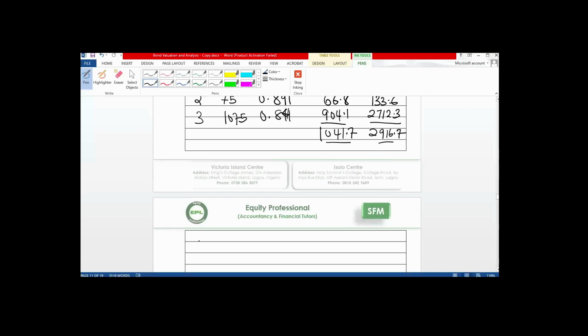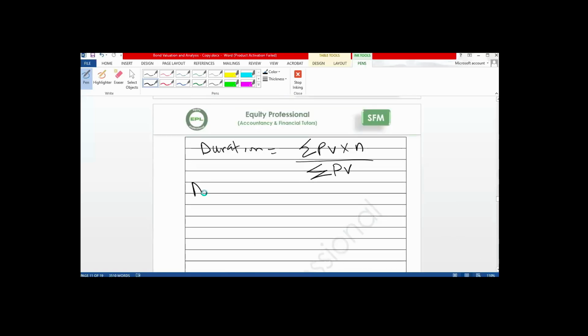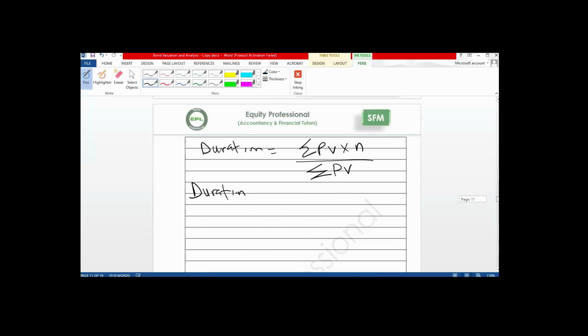Then the last step, your duration is calculated as the summation of present value multiplied by n, divided by the summation of the present value. That is, our duration is 2916.7 divided by 1041.7.